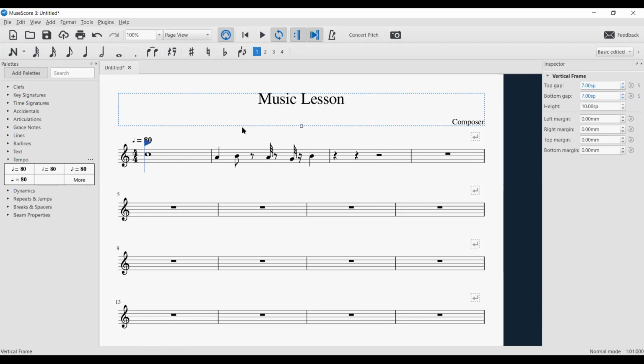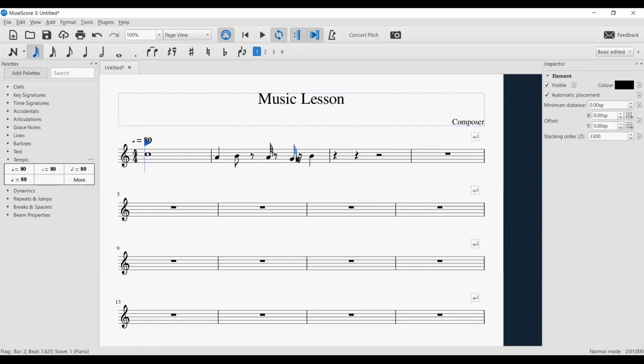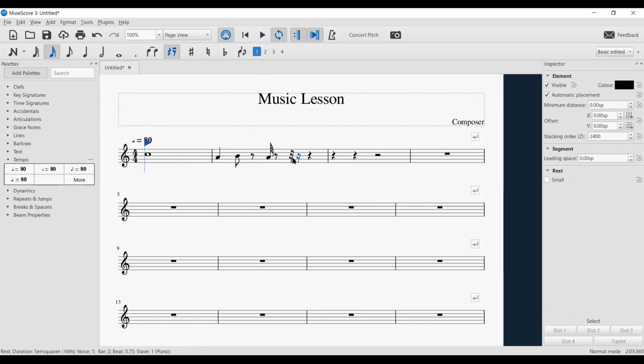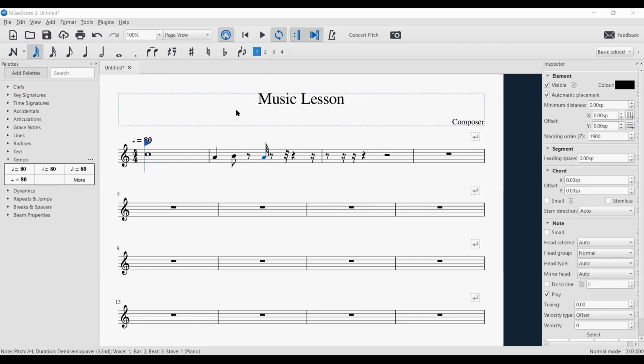Okay, so let's see. Dots and ties. Let's talk about dots and ties quickly. One very interesting thing is the sound that we're going to get out of that. Okay, let's remove all these.